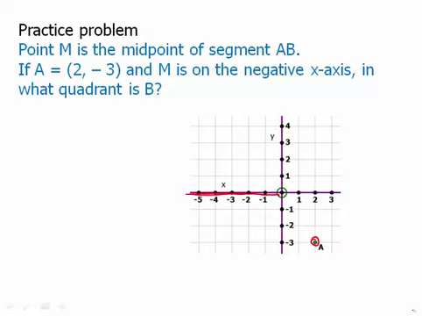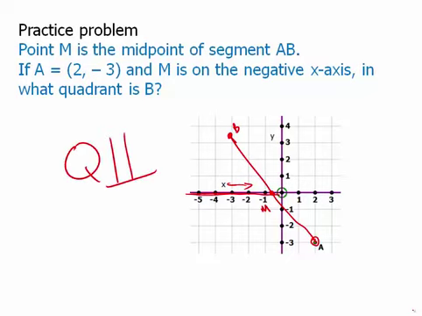So let's just pick a random point. We could even pick one relatively close to the origin right there. So if A goes to M, well then B would have to be up here. And it turns out no matter where we put M on that axis, we could move it back and forth, B is always going to wind up in the second quadrant. So really, the answer to this question is quadrant number 2.